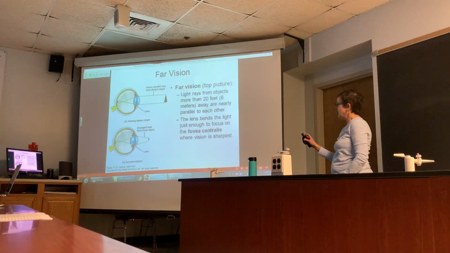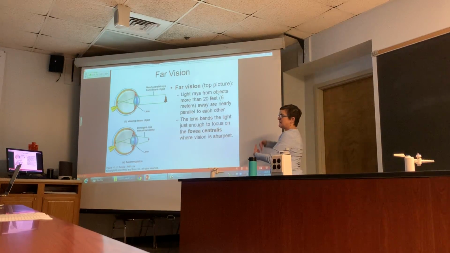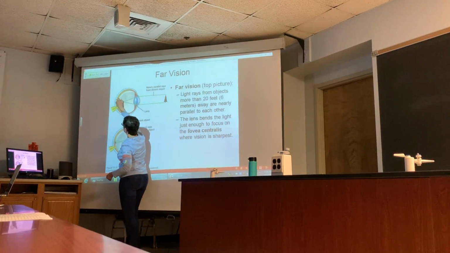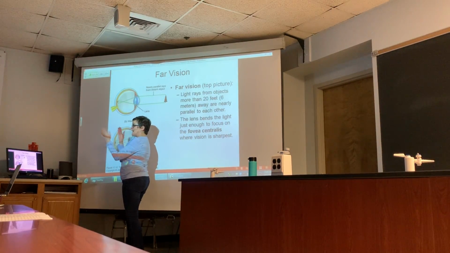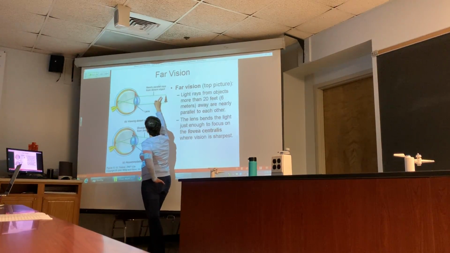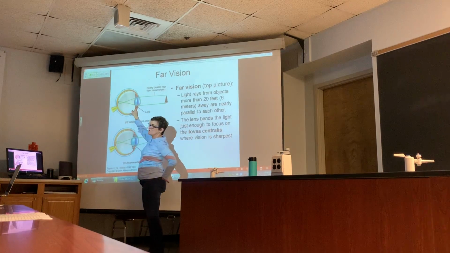It is pretty amazing. Okay, so let's look at what happens in far vision. And this would be over 20 feet or more away is what we're talking about. So you're looking at a distant tree, and like I said, the image gets inverted, upside down and backwards. But also look at what's happening. Light coming from images far away travels almost parallel to the ground.